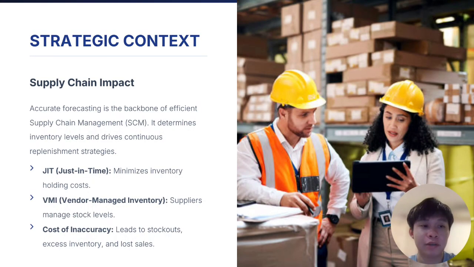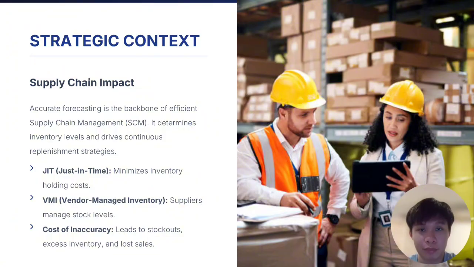The next slide, strategic context. Accurate forecasting is the backbone of efficient supply chain management, known as SCM. It determines inventory levels and drives continuous replenishment strategies. Look at the first point, just in time.